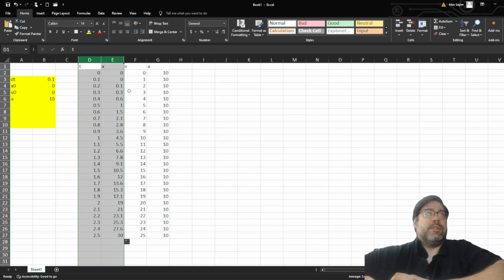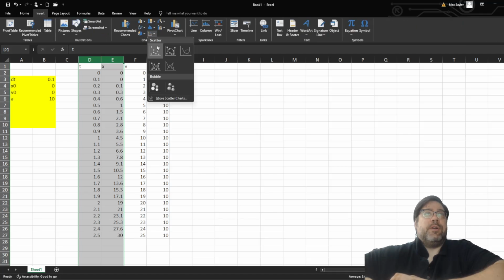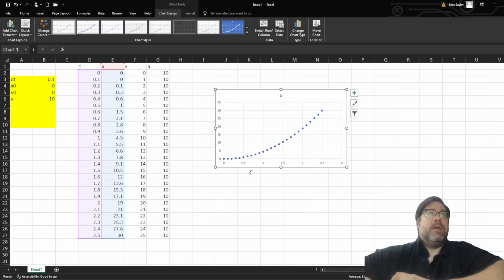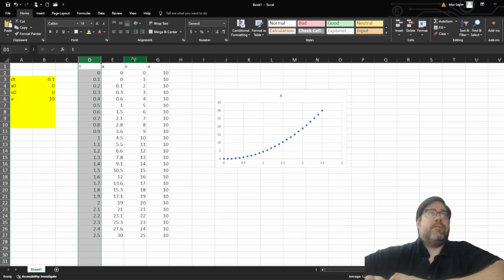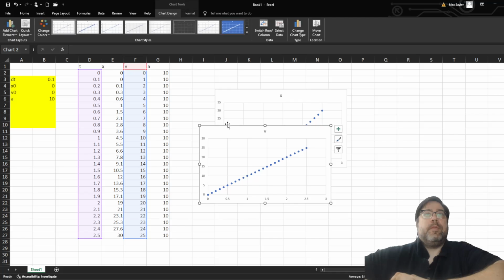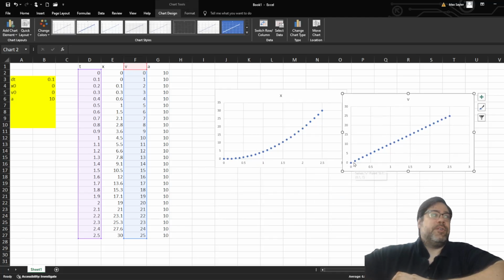Let's look at t versus x. To do that, we go insert chart and this one. So we see we have this trajectory going on. We can also have t versus v, and we have this linear increase as a function of time. All right, so it is behaving how we expect it to behave.